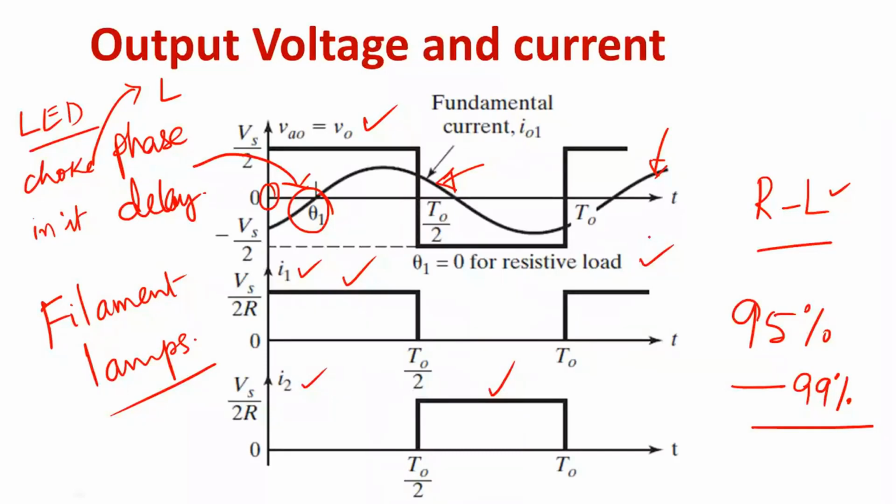That means we get a square pulse or rectangular pulse across the output terminals of an inverter, whether it is a half-bridge inverter or a full-bridge inverter.